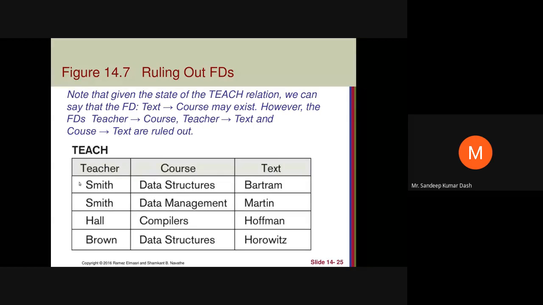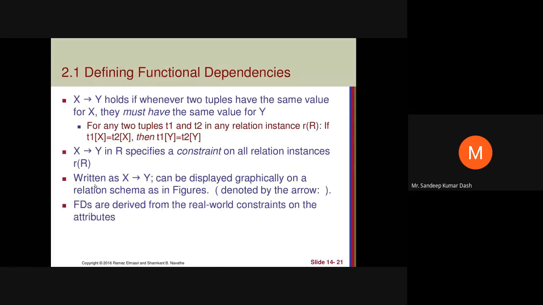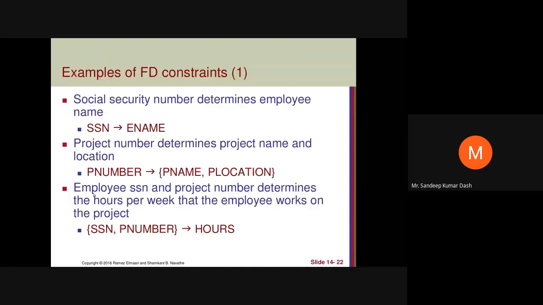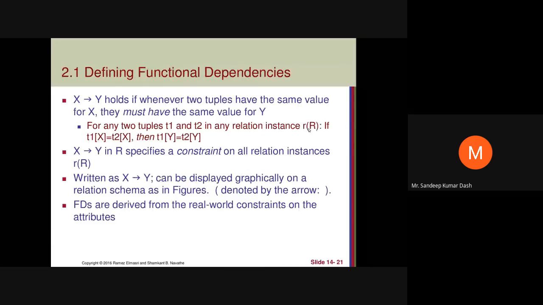So T1 bracket X is Smith, which equals T2 bracket X, because this is X column. Smith equals Smith, that means T1x equals T2x. If this is the case, then T1y should equal T2y.